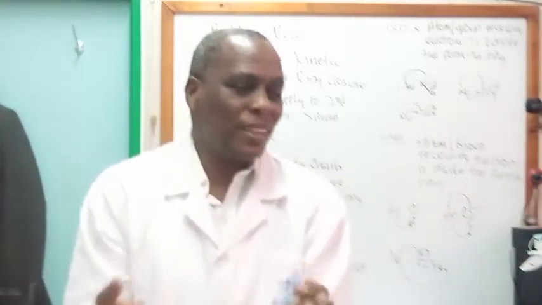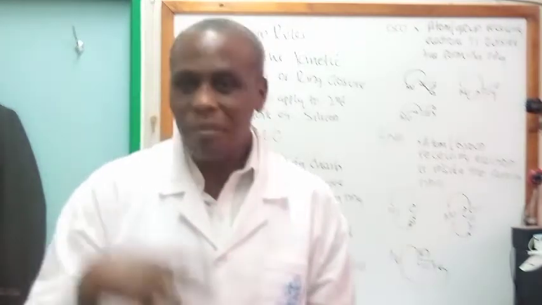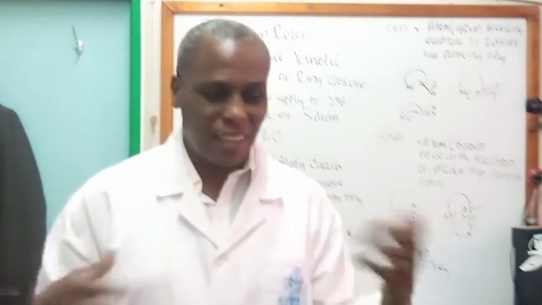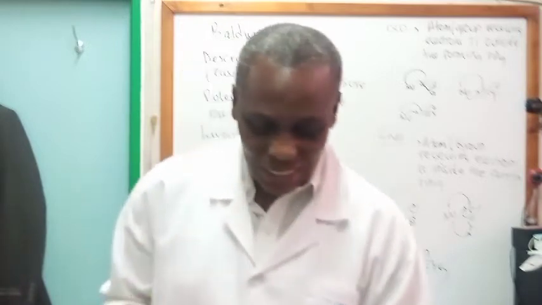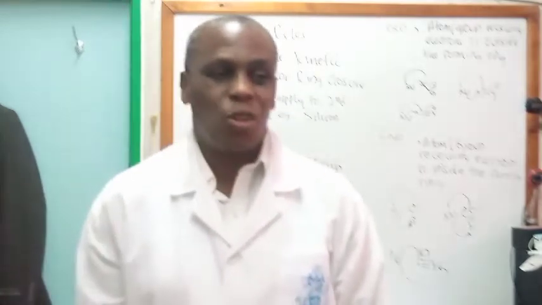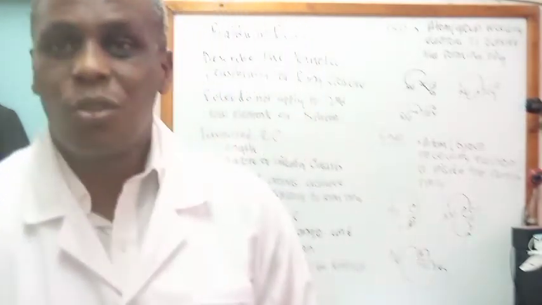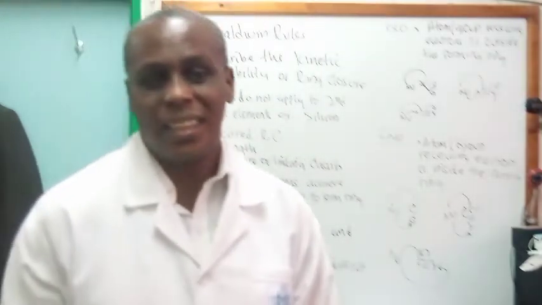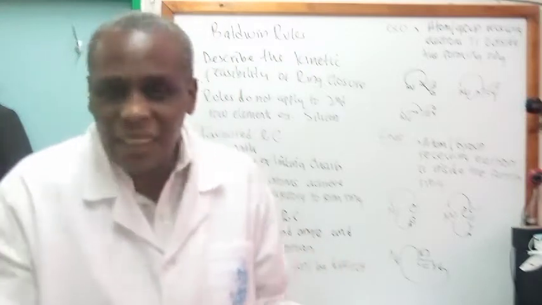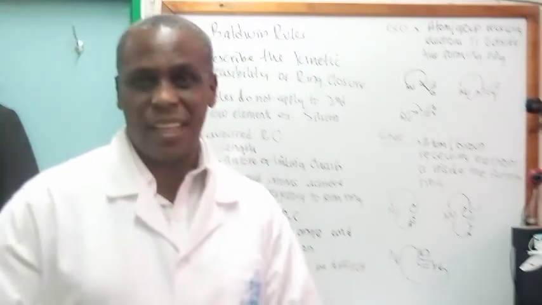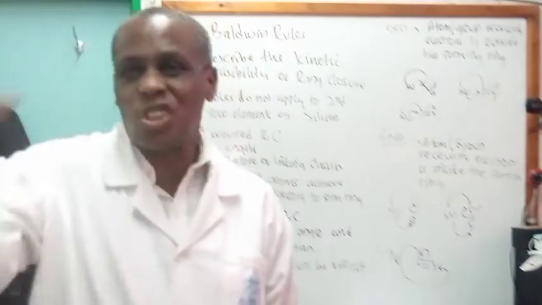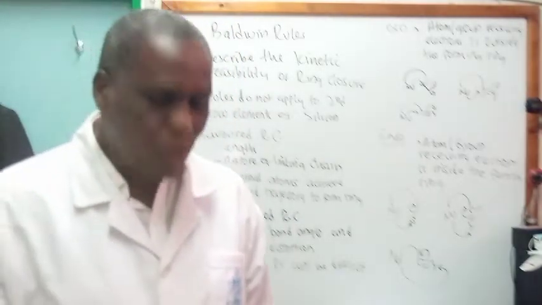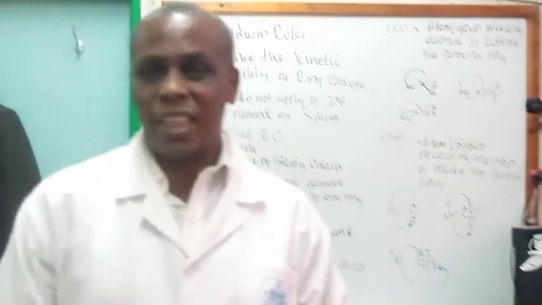A nucleophile, I think I should have done this one earlier. The nucleophile is a group or an atom which has got electrons which can be donated. It is better if it is negatively charged, but it can be neutral. It has an energy level which can donate electrons.